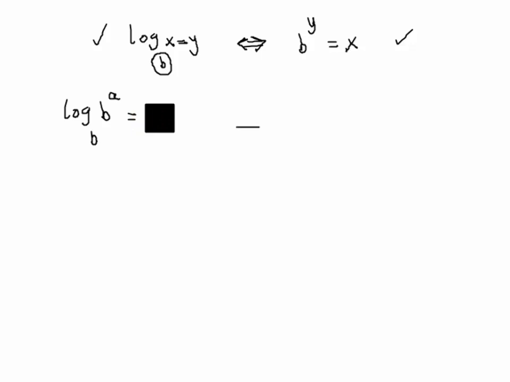Let's take a look. b to the power of, what I'm looking for here, I'm going to use this little box, is equal to, my x would be all these terms here, which is equal to b to the power of a. So just by looking at this, what would that little box be equal to? Pretty obvious now, right? Must be equal to just a.